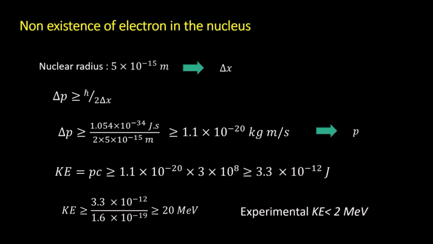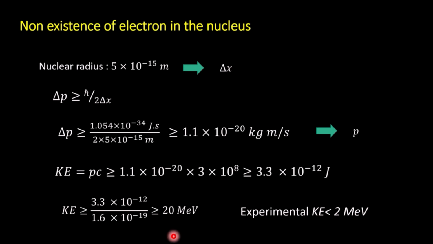However, experiments show that the maximum kinetic energy of electrons emitted by nuclear reactions is less than 2 million electron volt. Since there is a huge difference between the actually observed kinetic energy of the electrons and what we expect if we consider the electron as a nuclear particle, we can assume that the electrons cannot exist inside the nucleus.